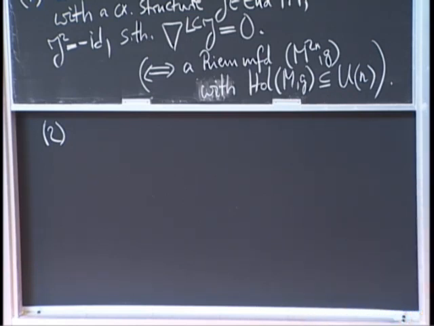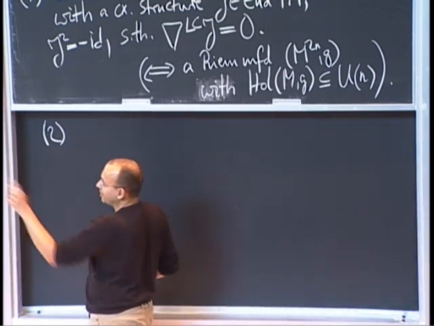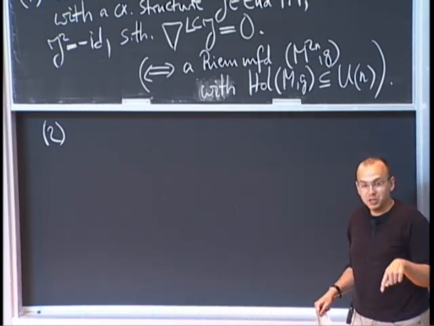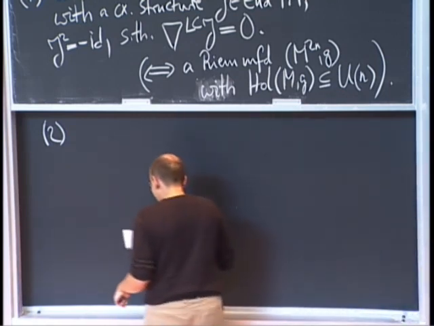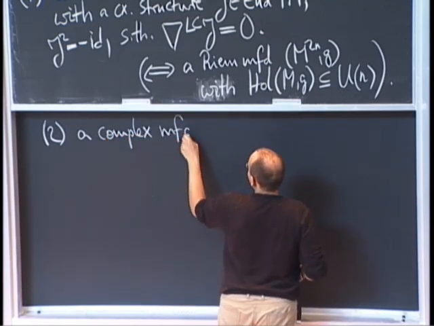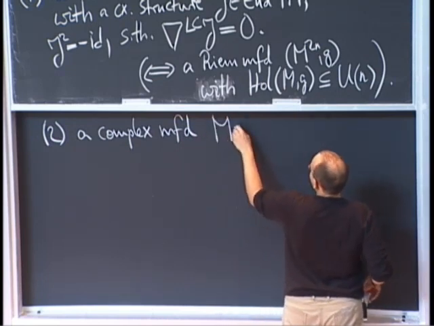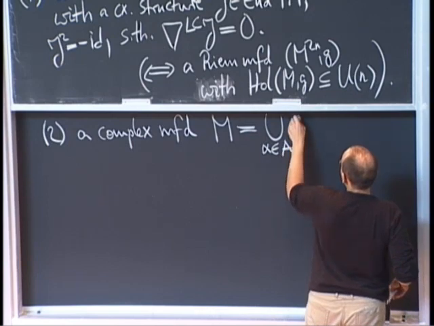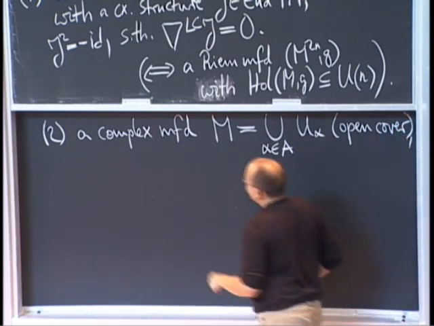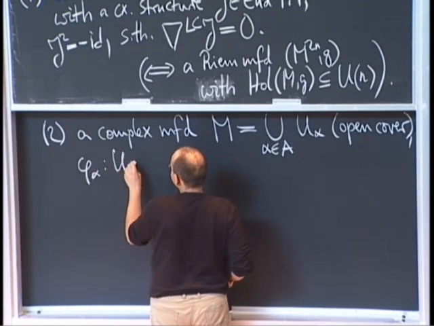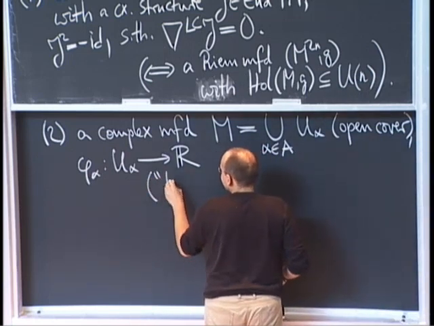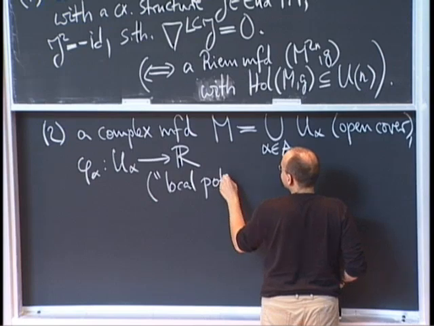That this is equivalent to the definition of Kähler over there is not particularly easy to see. So there's another characterization that's more complex analytic, where it's clearer why it would be equivalent. That's a statement that locally you can construct the metric from one scalar function, called the Kähler potential. So equivalent data would be a complex manifold M together with an open cover, and on each of the patches of the cover, a real valued function phi_alpha. Those are going to be called the local potentials of the Kähler metric.